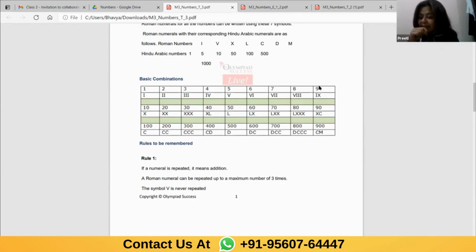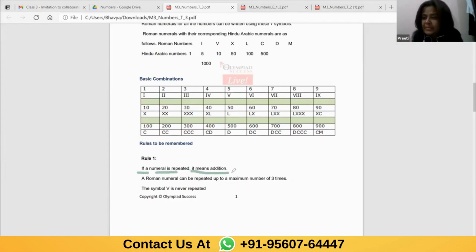Aradhya. Okay, Aradhya. So when I am repeating the symbol, that means addition. Clear? I'm adding the same number again and again, not a different number. So the first statement is that if a numeral is repeated, it means addition.